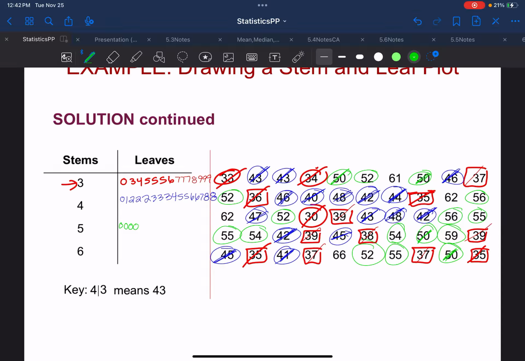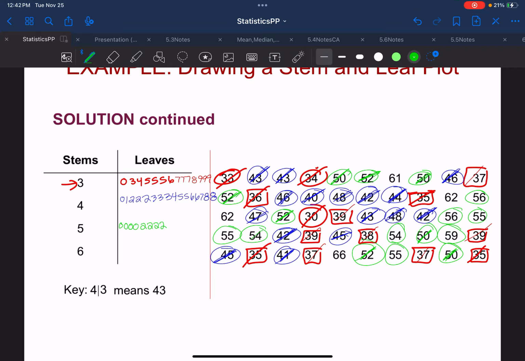And then I have no 51s. And I have 1, 2, 3, 4 52s. So 4 2s.